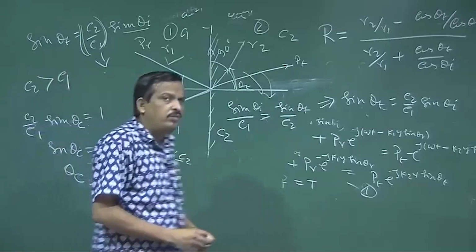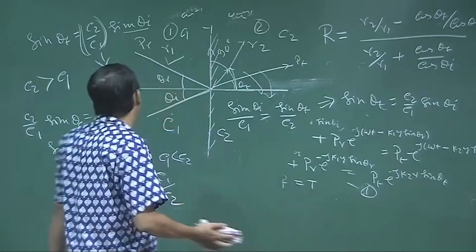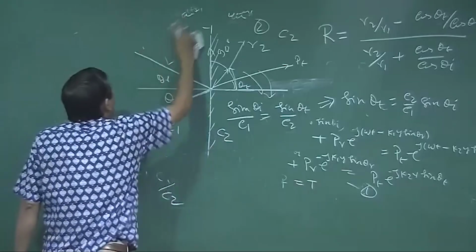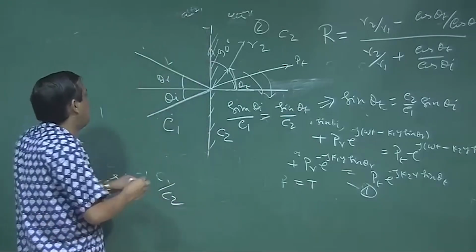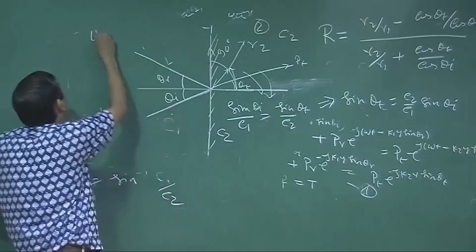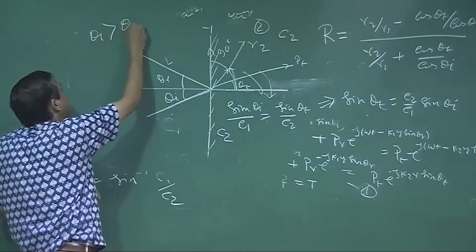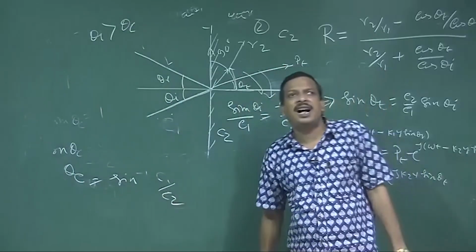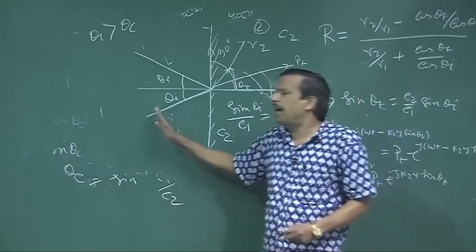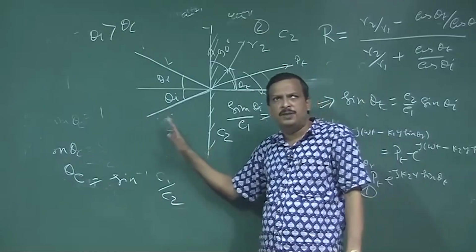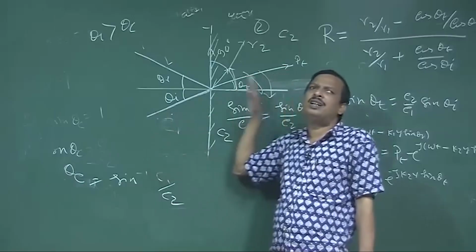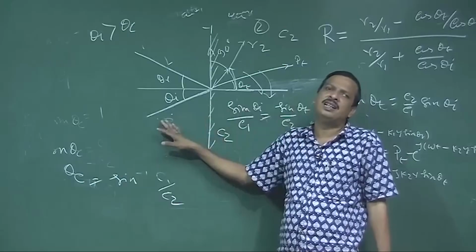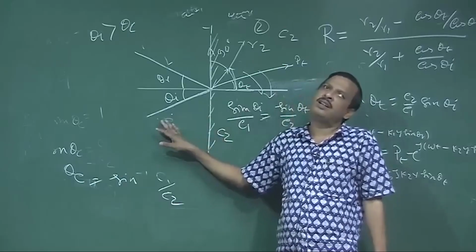Okay. Now, what will happen if the wave is incident in the condition where C2 is greater than C1 and the angle of incidence theta I is greater than the critical angle?